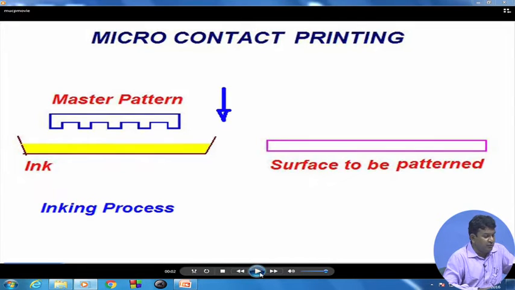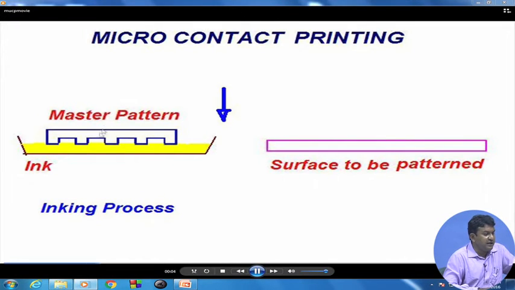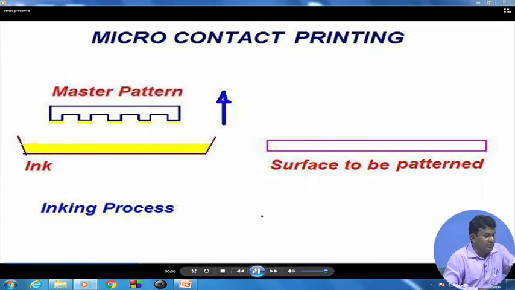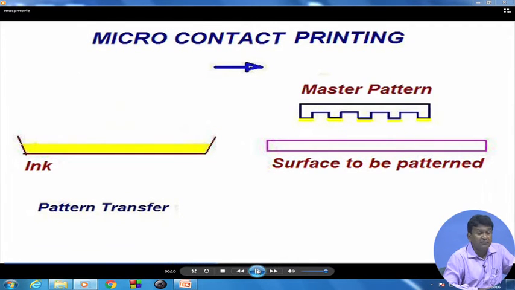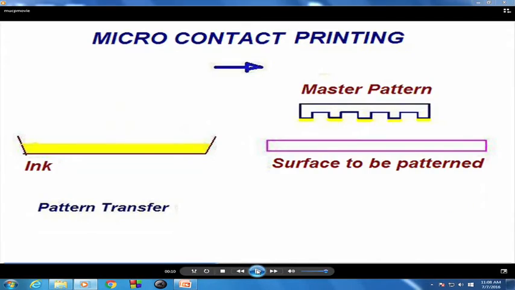So, all you need to do is initially you immerse the stamp into the silane solution, and the stamp becomes wet. You can try to recall that there is another technique in which you have used a wet stamp, and that is SAMIM, right. There you wetted the Sylgard stamp with a pure solvent.